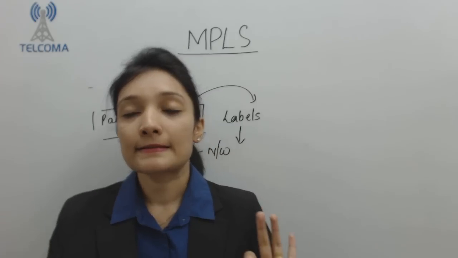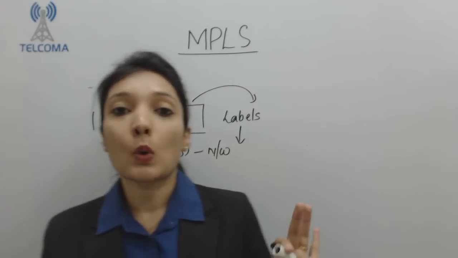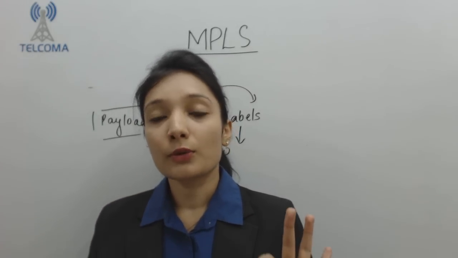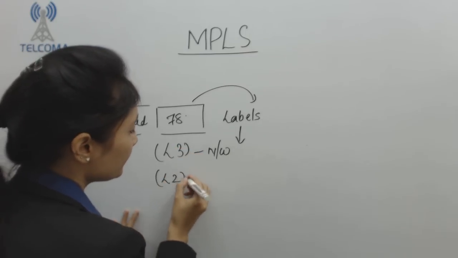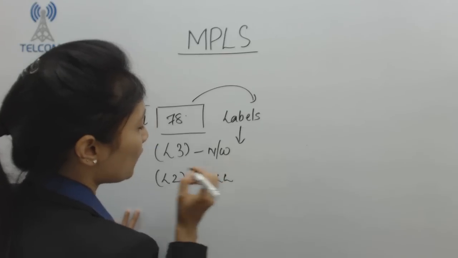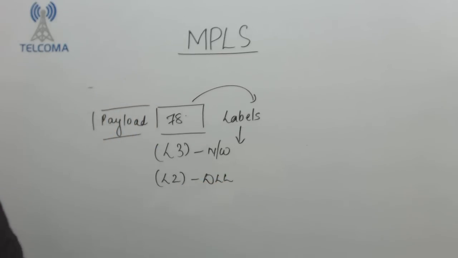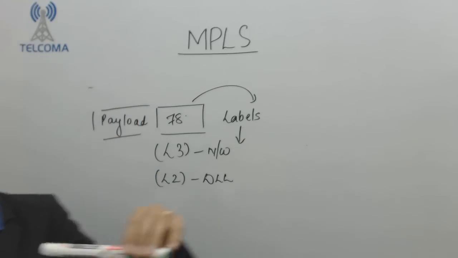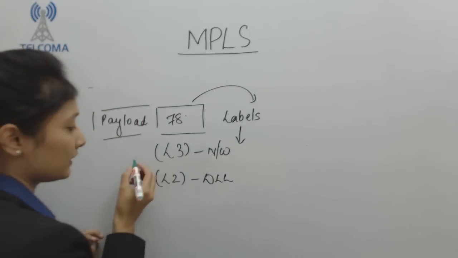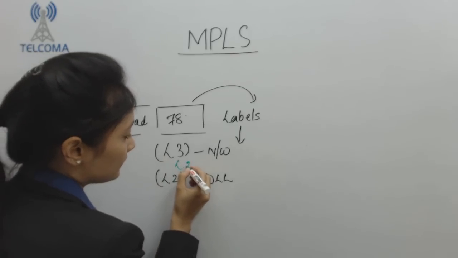Now, where does MPLS fit in our OSI model? MPLS sits between layer 3 and layer 2 of your OSI model, and this is basically referred to as a layer 2.5 networking protocol.